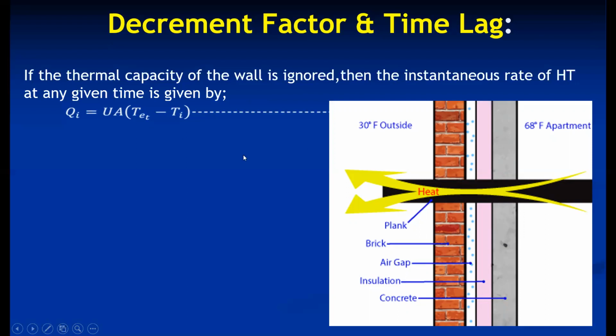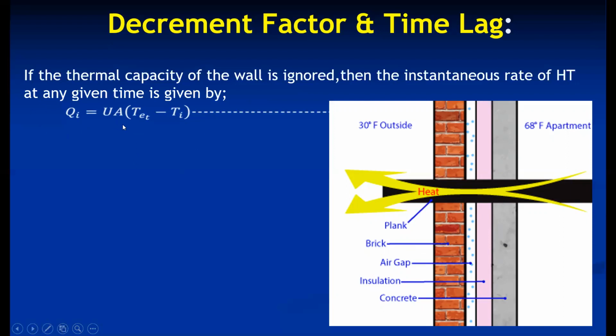What this equation indicates is that whatever the sol-air temperature outside at a particular instant, considering the effect of convection, radiation, and the air temperature, the same heat is transferred at the inside. This is possible only if the thermal capacity of the wall is ignored. So this is the interpretation of this equation.